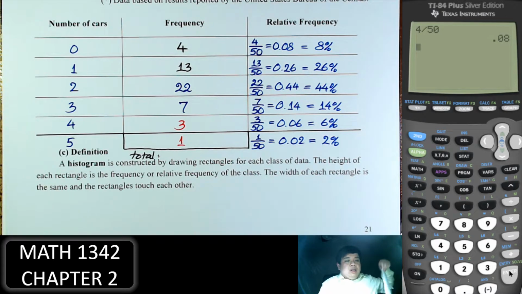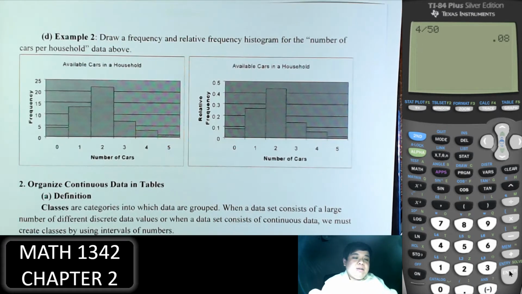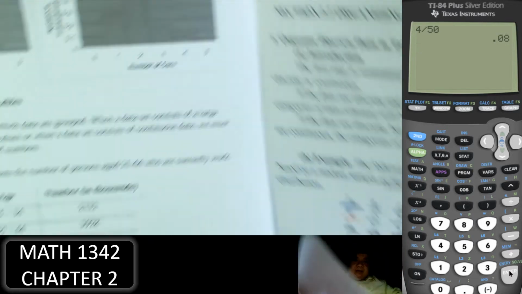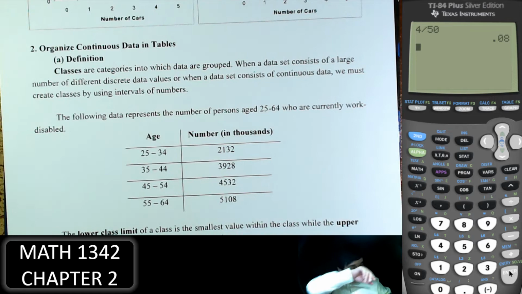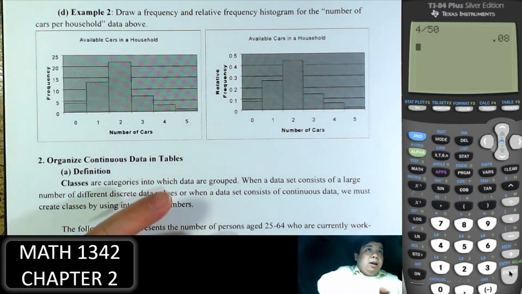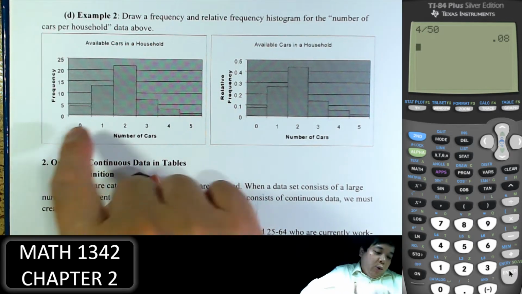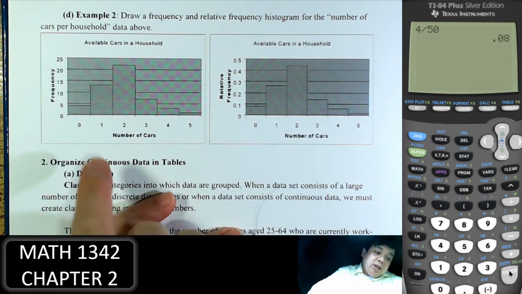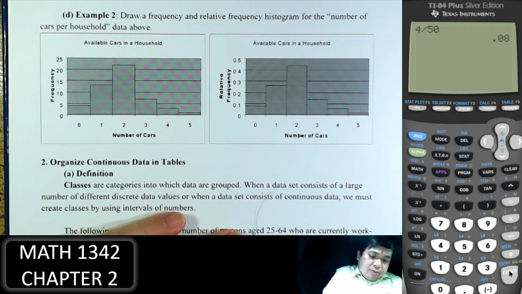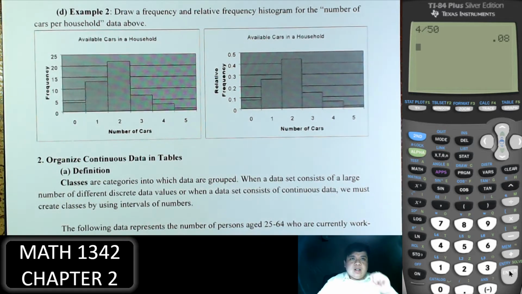So if we put that together, this is the graph for that example. We have the column of bar rectangles, and there's no space between them.